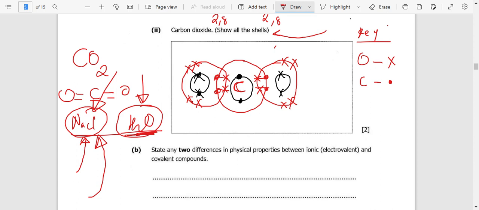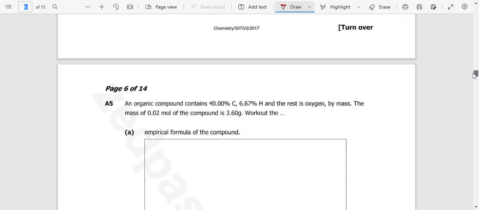In that state you call it molten state or melted state. So ionic compounds conduct electricity in molten state. Covalent compounds mostly don't conduct electricity. Is that okay? Yes. So those are some characteristics that we are able to give.